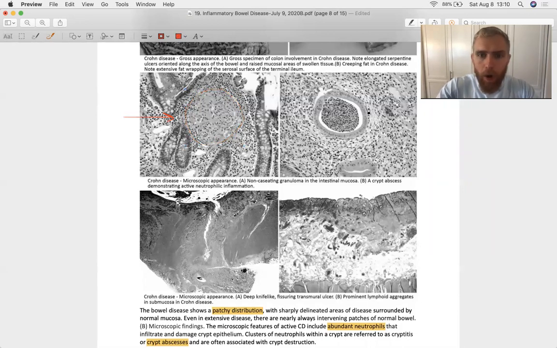And the way to tell them apart is you're looking at a crypt abscess. Well, it's a crypt abscess. It's within a glandular crypt, and you can tell it's within a gland because there's the lumen, duh, going all the way around that abscess. So you see a nice cuboidal epithelial circle around those crypt abscesses versus a granuloma. You don't see a lumen around that.